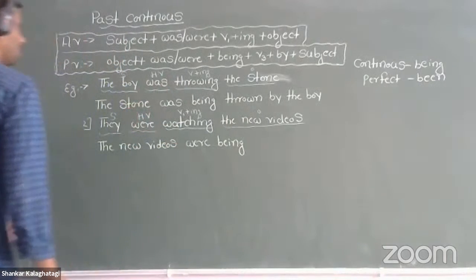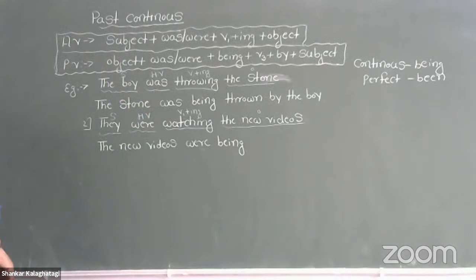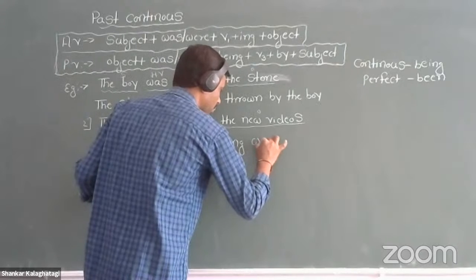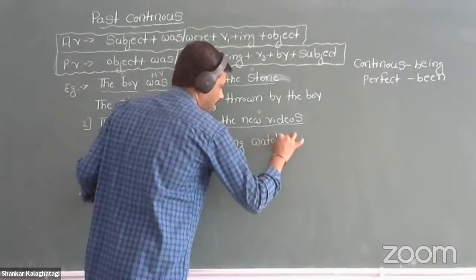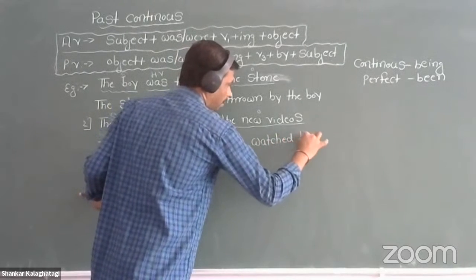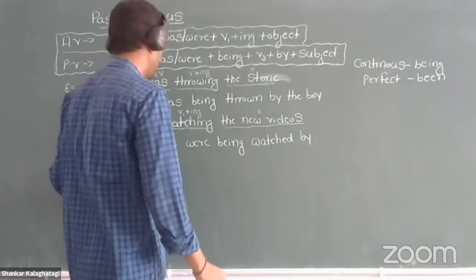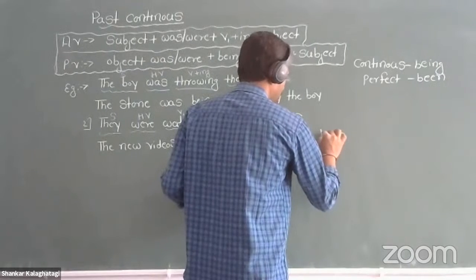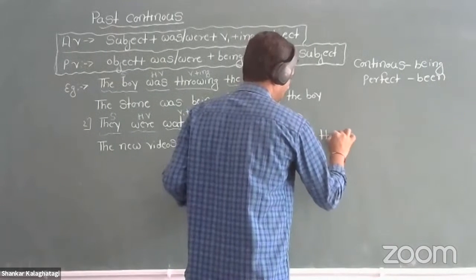Next, what do we have to write there? We have to write the third form of watch. So that is watched. Write the watched. Then we have to write by because the formula demands it. Then we have to write the subject. Now the subject is they here. The subject is changed to them.